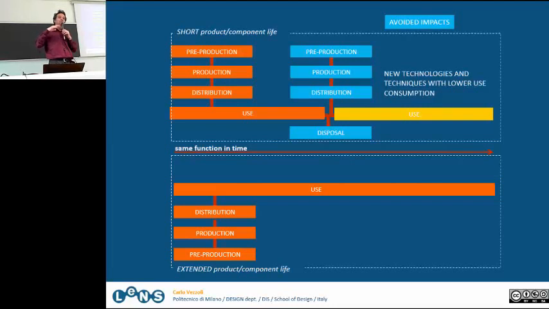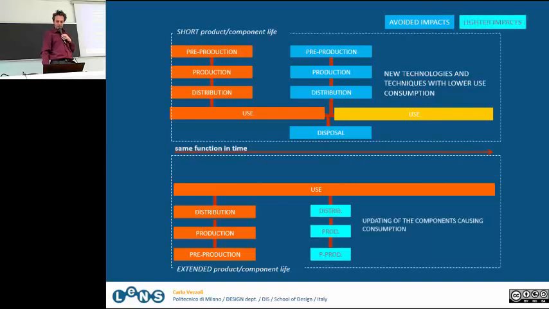So there you can make even a life cycle assessment to assess whether the advantage of reducing the impact in the use phase is more than the added impact. Or actually you can design, and this is what we are suggesting, to substitute those parts that determine the energy consumption.